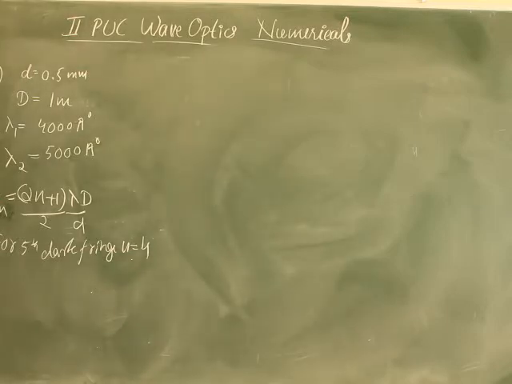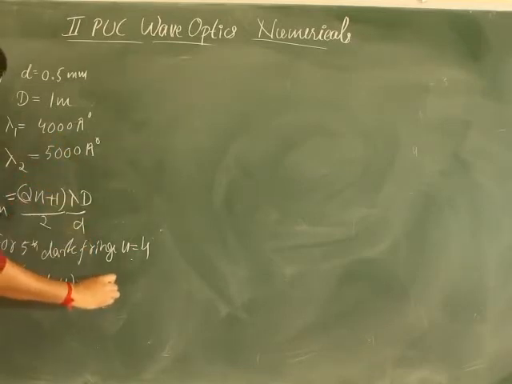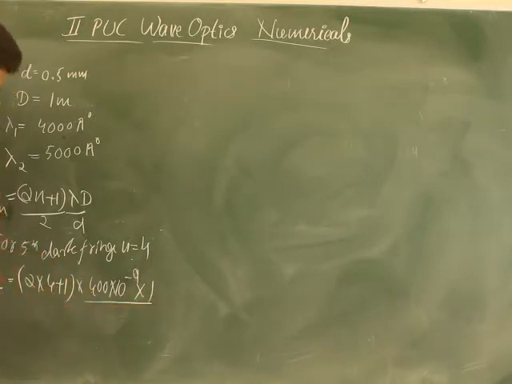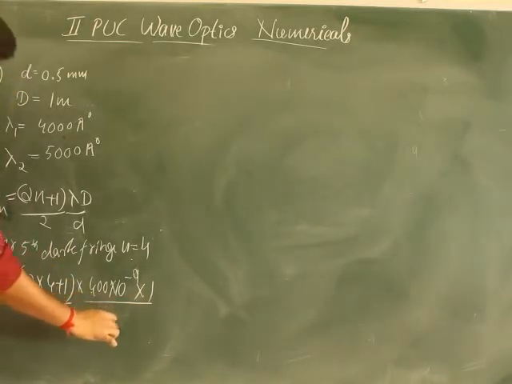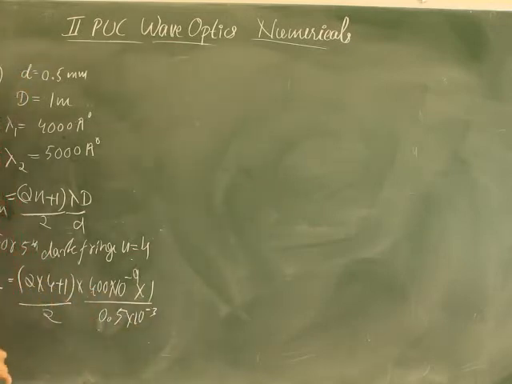So now what I do is, x5 dash I will take, that means for the first case, for the first wavelength, is equal to 2 into 4 plus 1 into, first case, how much is the wavelength? 400 nanometer or 4000 angstrom, into D 1 meter divided by, here divided by 2 is there, okay, small d is 0.5 millimeter, 10 power minus 3, and check the answer.